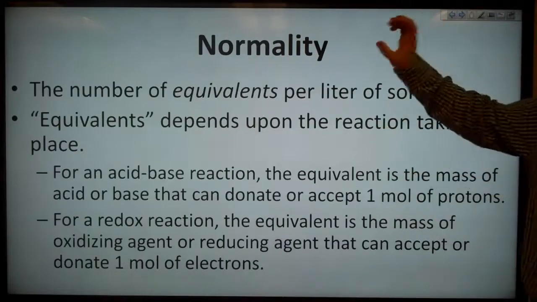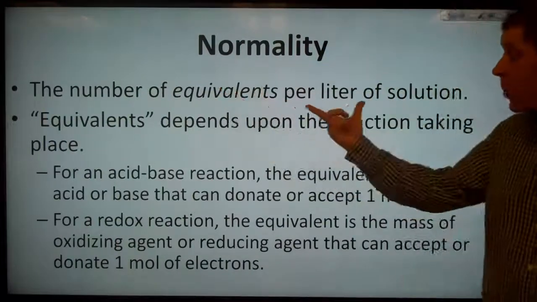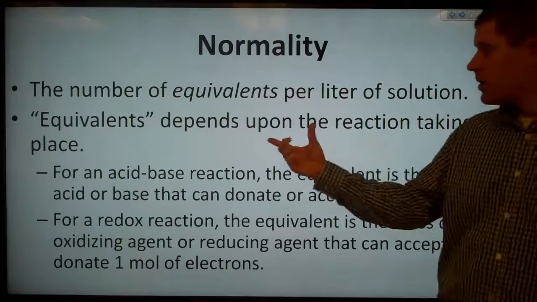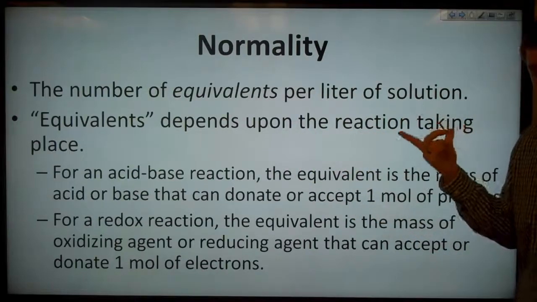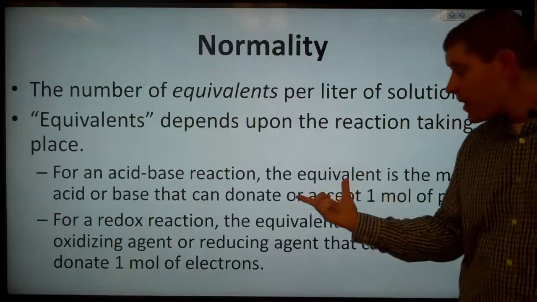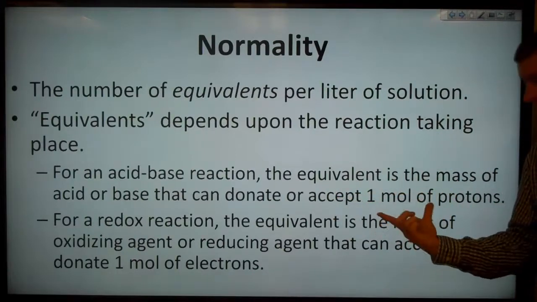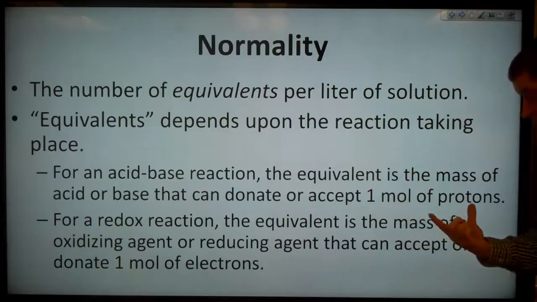All right, so normality is the number of equivalents per liter of solution, where equivalence depends on the reaction that's taking place. For an acid-base reaction, the equivalent is the mass of acid or base that can donate or accept 1 mole of protons.